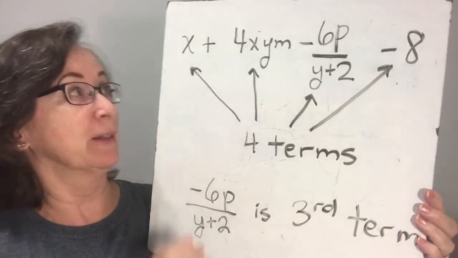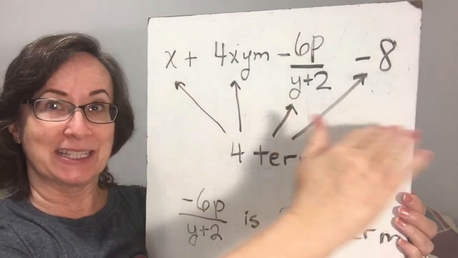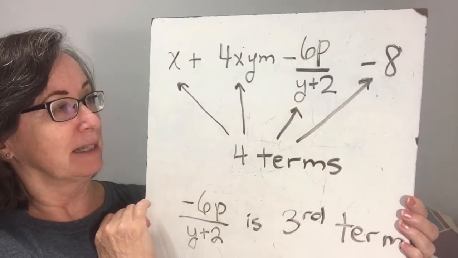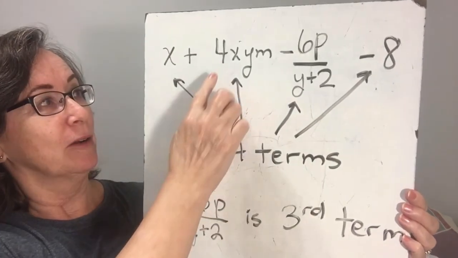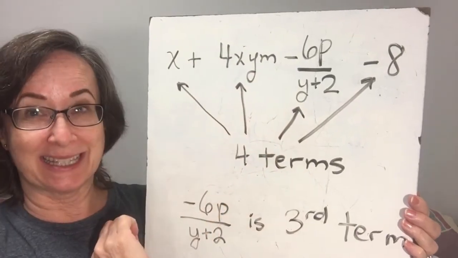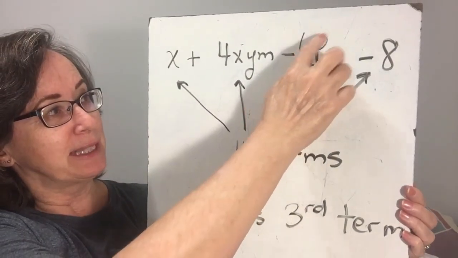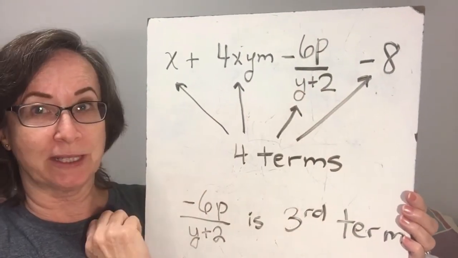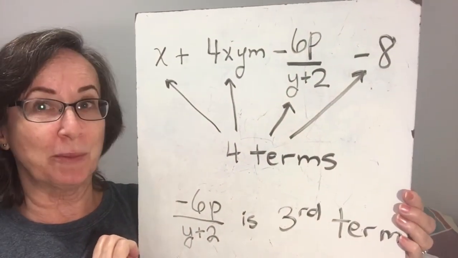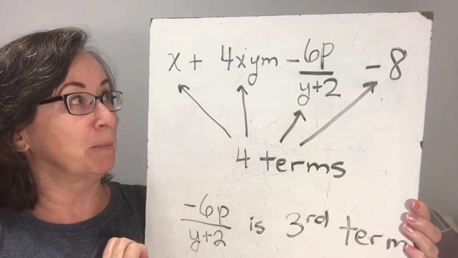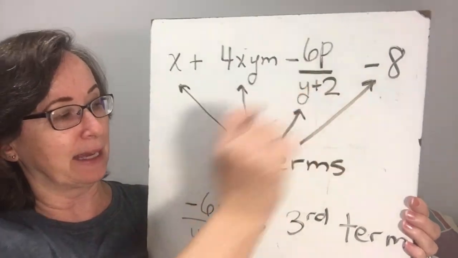For example, if I have this long expression, I have 4 terms. X is the first term, 4xym is the second term, negative 6p over y plus 2 is the third term, and negative 8 is the fourth term. The terms are always going to be separated by plus and minus signs.